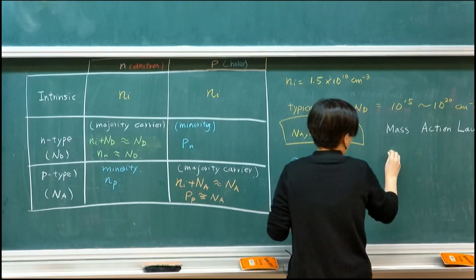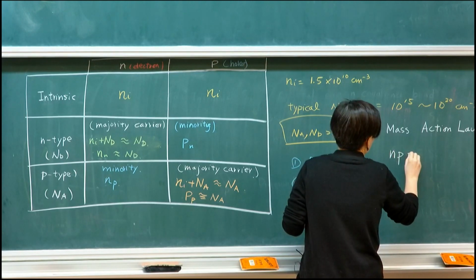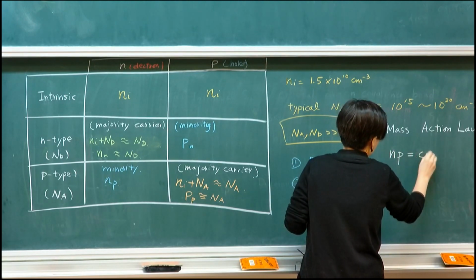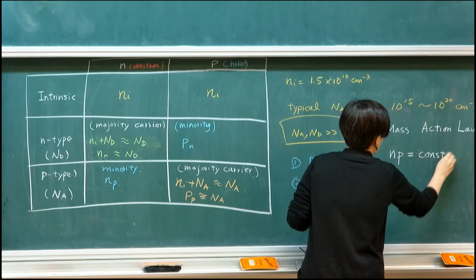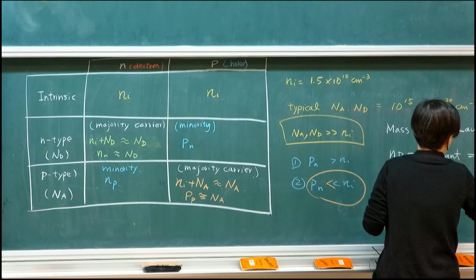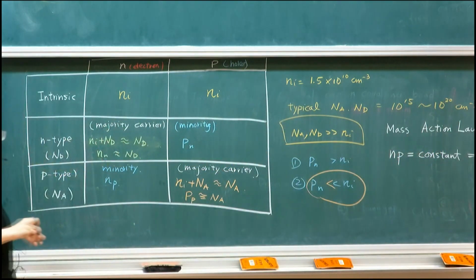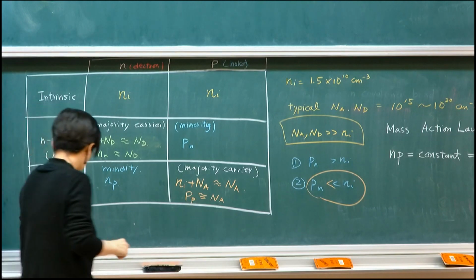So it says that your N times P in a system is a constant. So this will become Ni squared. So np equals Ni squared is actually the key.